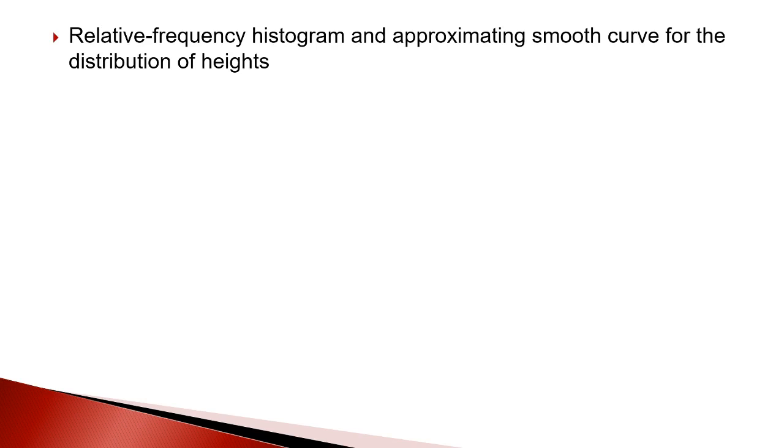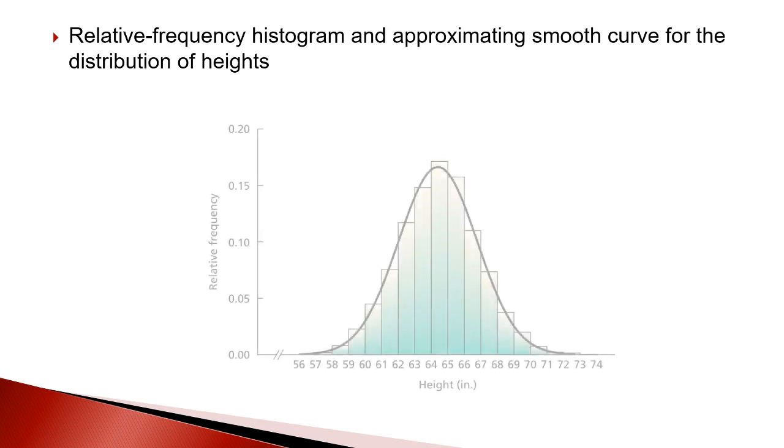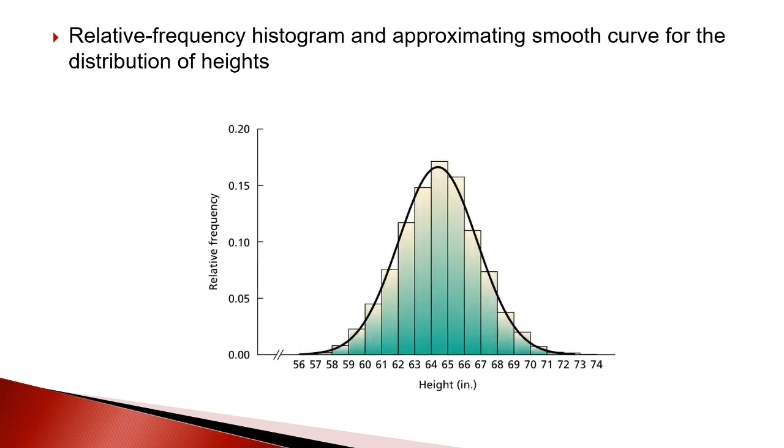Okay. If you remember from the previous sections, this is the relative frequency distribution for the height variable with the approximating smooth curve for the distribution of height. The curve is bell-shaped.